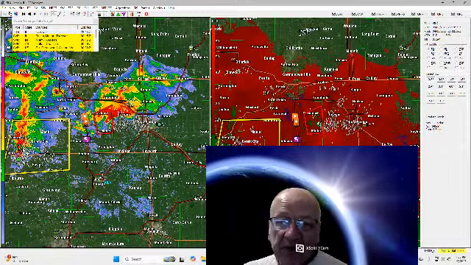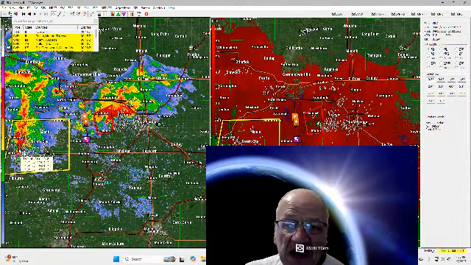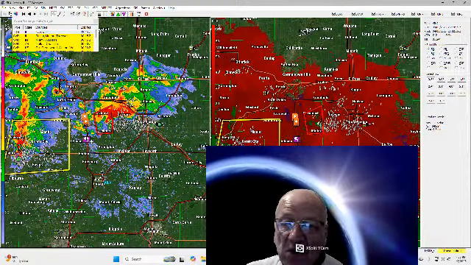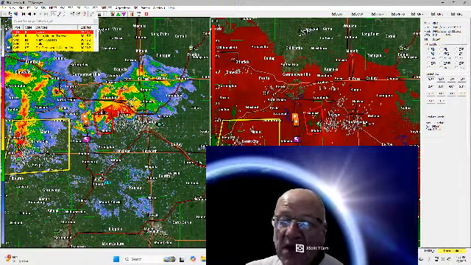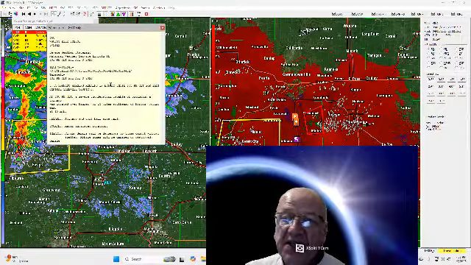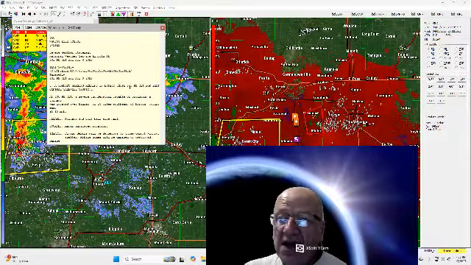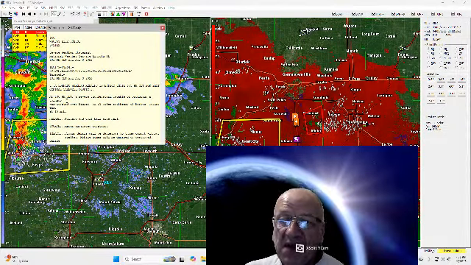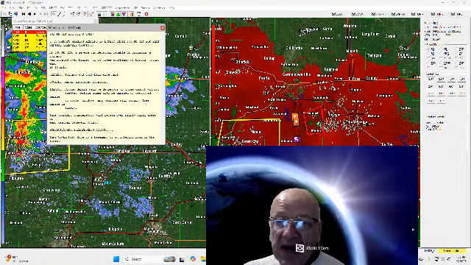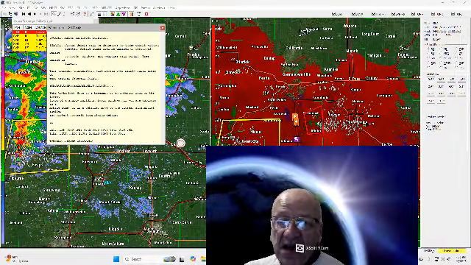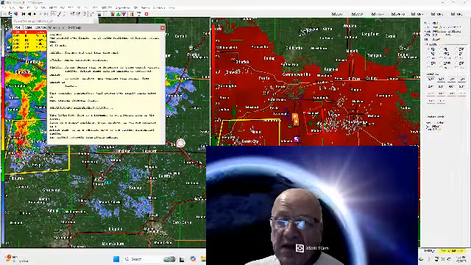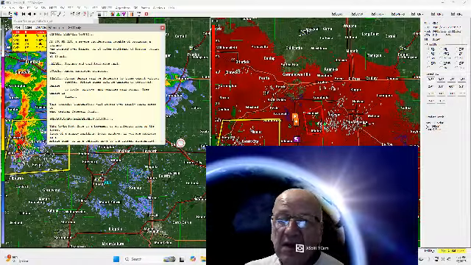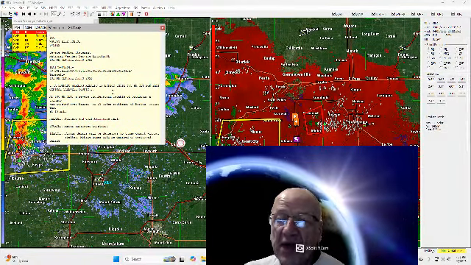All right, we're detecting some rotation here, not in the tornado warning area though, but we want to look at this first, and this is in effect until 6:45 p.m. Central Daylight Time. There are no other areas affected, it's just for that region. But if we're caught outdoors, take cover.